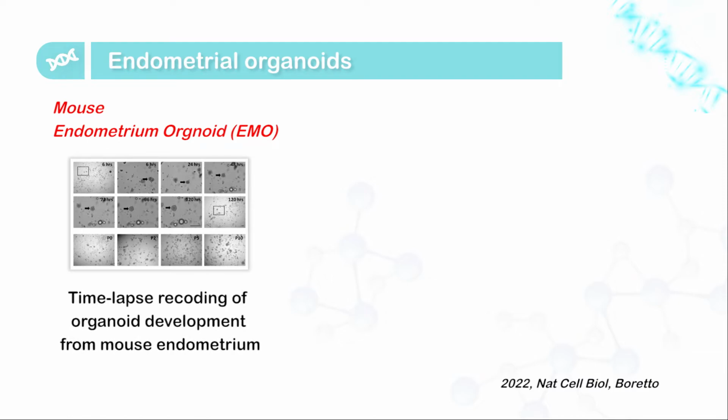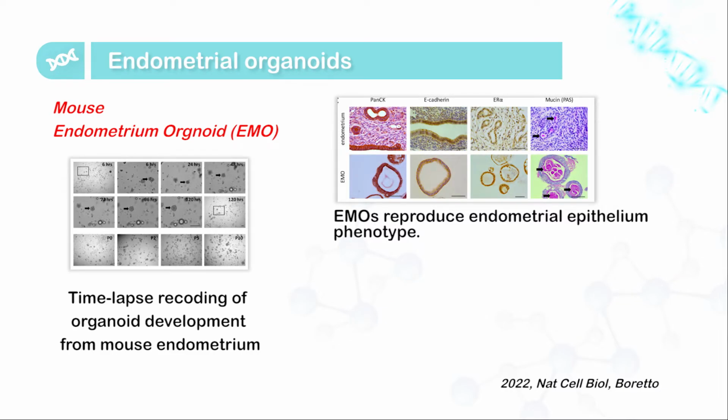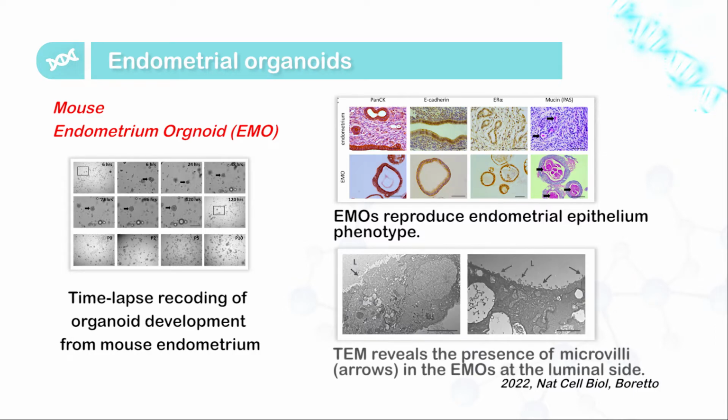Time-lapse recording of organoid development from mouse endometrium, and endometrial organoids reproduce the endometrial epithelium phenotype by immunohistochemistry staining and transmission electron microscope, which reveals the presence of microvilli in endometrial organoids at the luminal site.